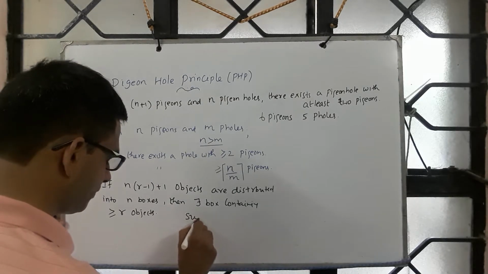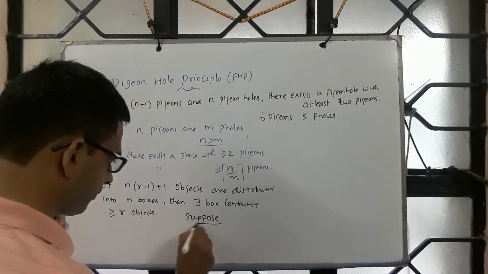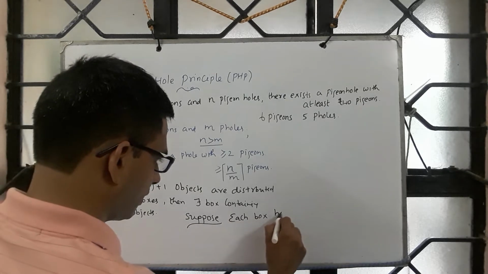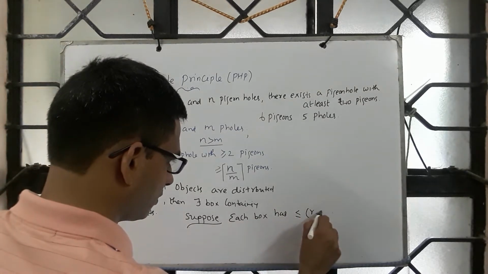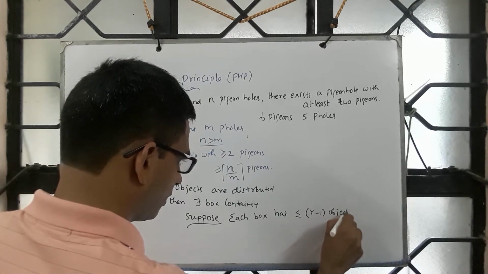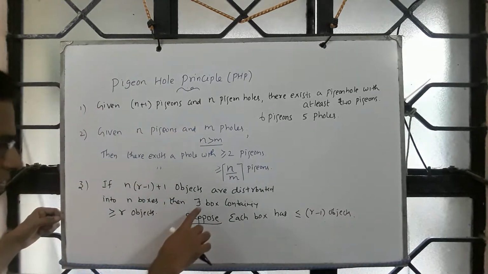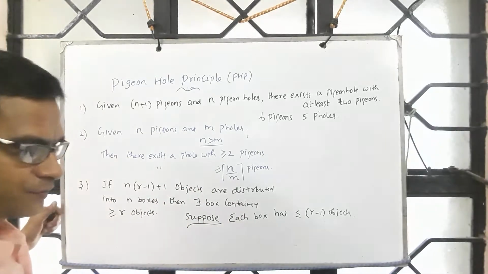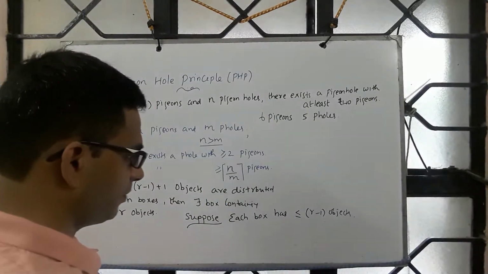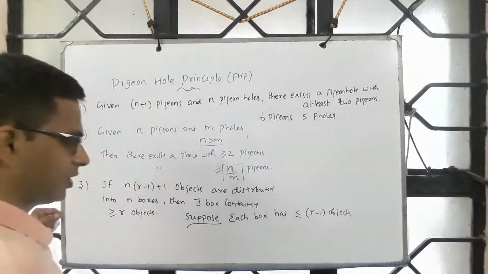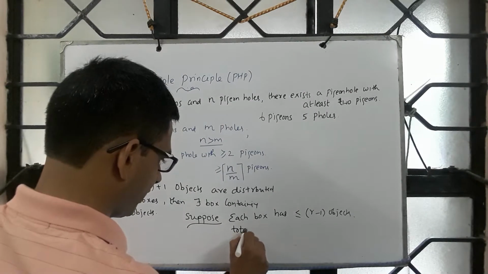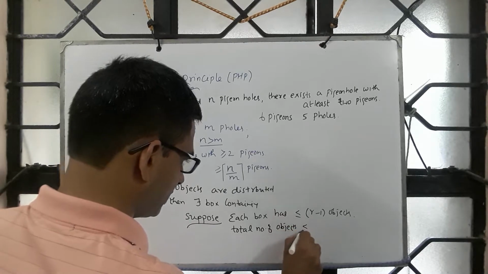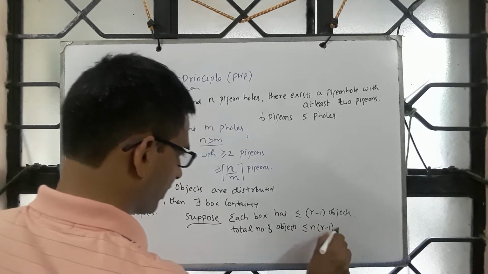So suppose each box has at most r minus 1 objects. The claim says there exists at least one box containing at least r objects. We say that is false, which means every box has at most r minus 1. So how many boxes are there? n of them. So the total number of objects is less than or equal to n into r minus 1.